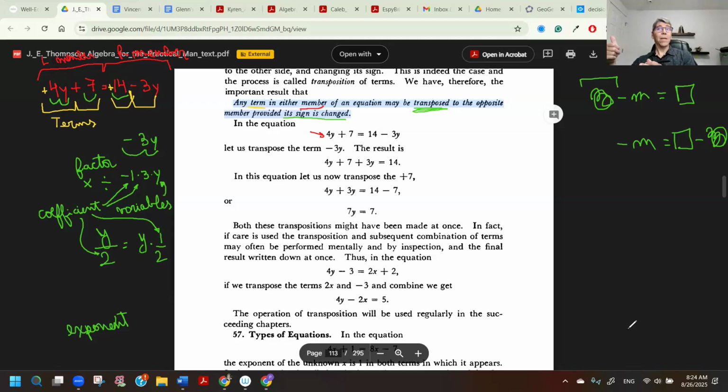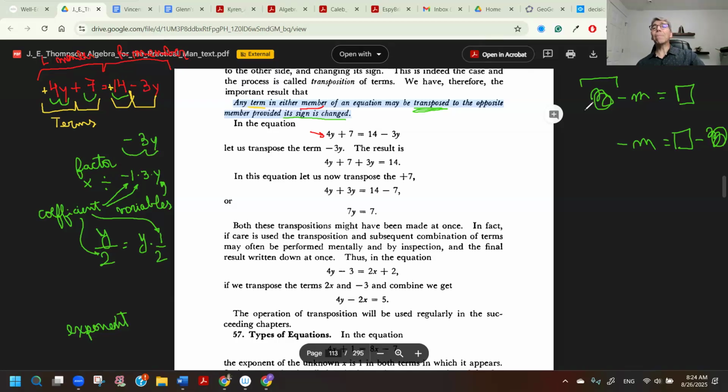Why does that work? In math nowadays, in Khan Academy and everything, they always take kind of an intermediate step to explain how this works.